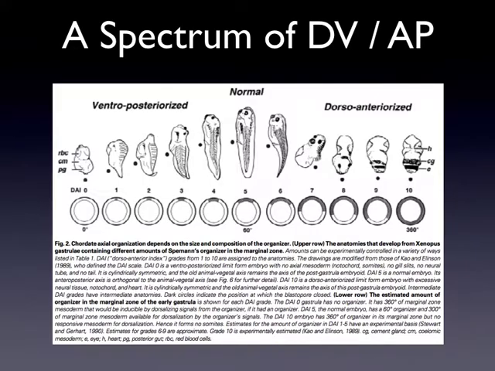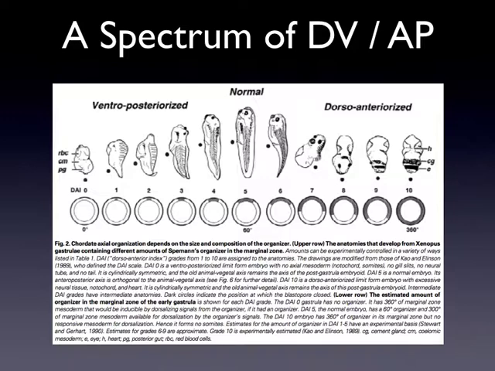Now, along the same lines, you can do some drastic alterations to a chordate body plan by altering the size of the organizer region. All right, so what you're looking at here is using Xenopus as a model, changing the amount of organizer tissue present and the location of that organizer tissue.